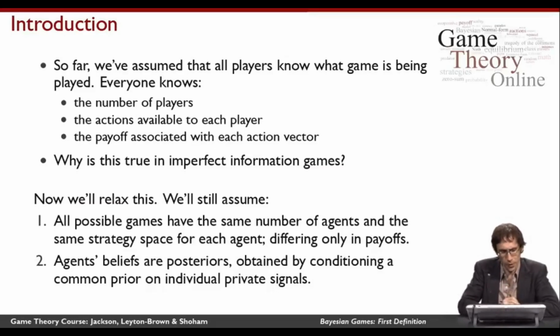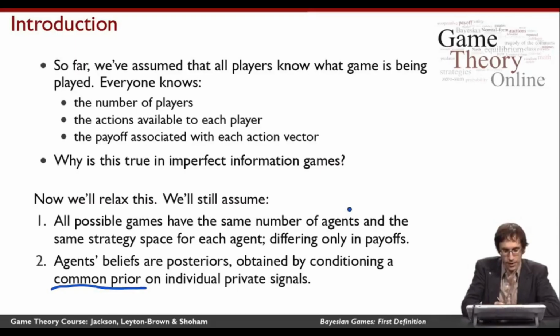The second assumption that we're going to make has to do with the beliefs that agents have about these different possible games. So in order for this to work, it has to be the case that agents still have well-defined beliefs about what is possible in the world. And we're going to say that the agents start out with a common prior. That is, everyone has the same beliefs about what it is that's possible in the world, what games it is that are possible.